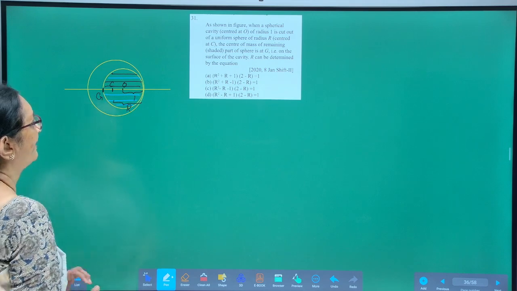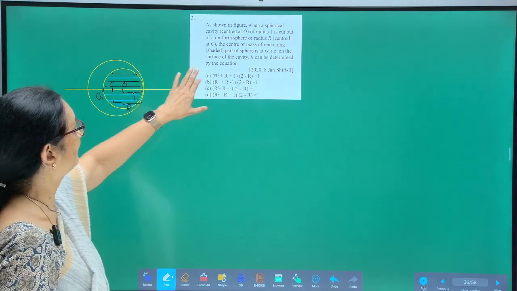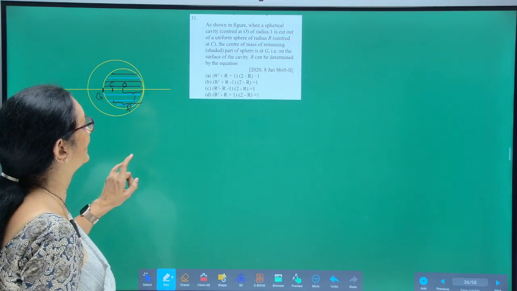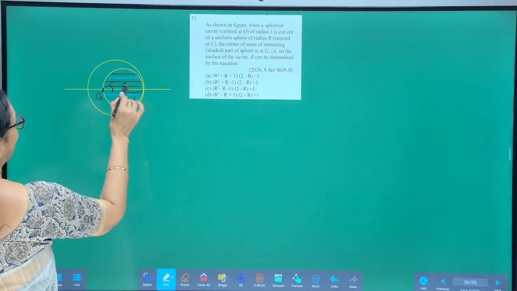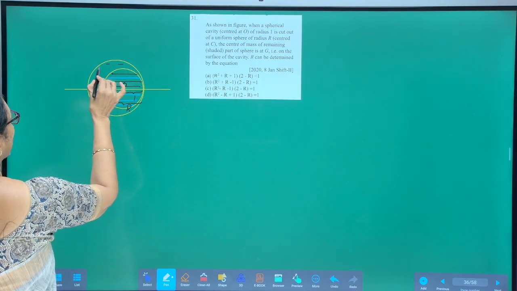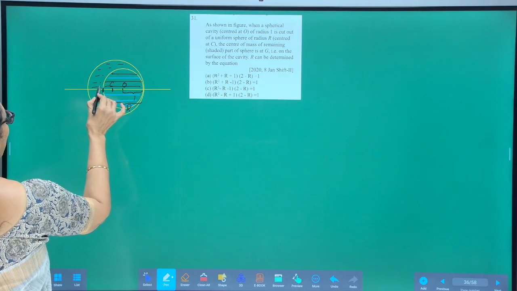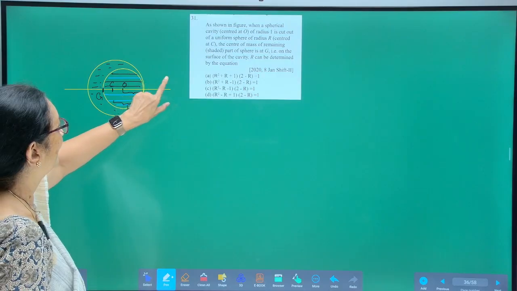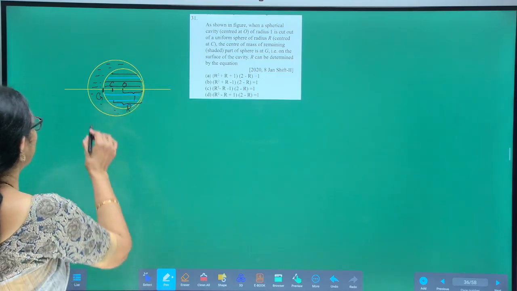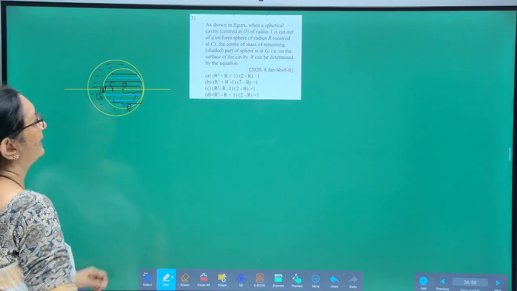Its center of mass is at C. If you remove this part, this is the remaining part. The center of mass of the remaining part is at G.